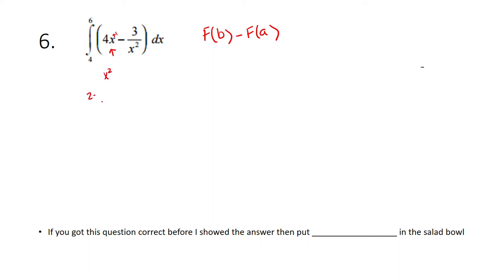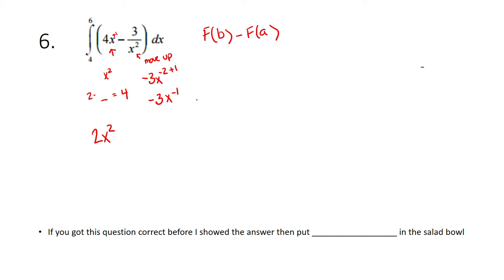So 2 times what is 4 is the question you ask yourself, and that is a 2. First term is 2x squared. Here, since we have a fraction, we're going to move this up, and that becomes negative 3x to the negative 2 power. Add 1 to this, and that becomes x to the negative 1.